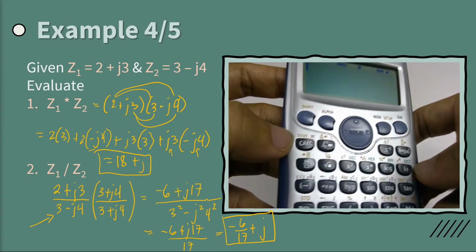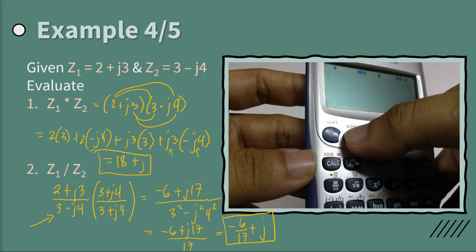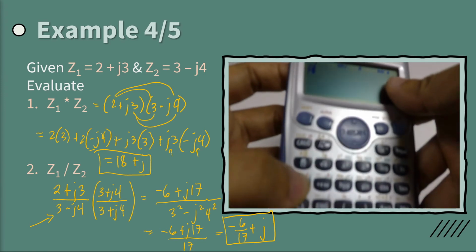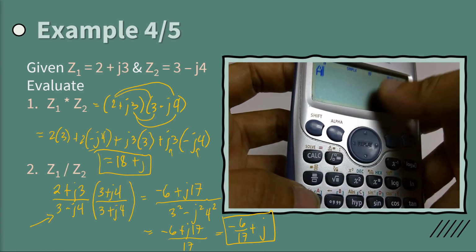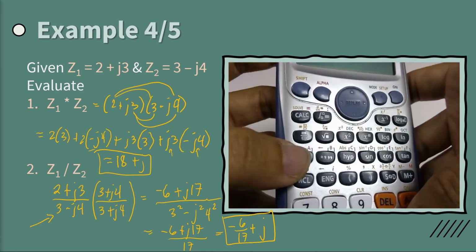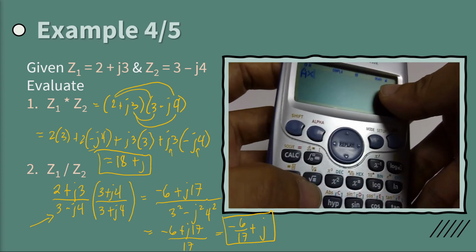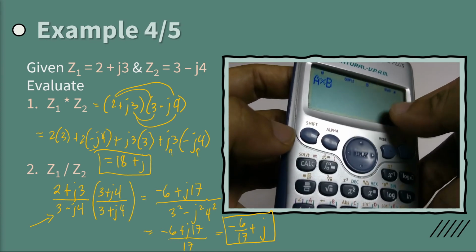For the product, simply press alpha A, and then times, or you don't need to write times, alpha B. So you have that equation for the product.